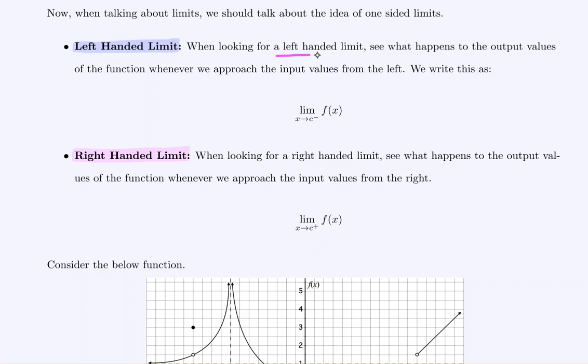So for a left-hand limit, you see what's happening to the output values as the input values are getting closer and closer from the left, or through lesser values, and this is the notation for that. And for a right-hand limit, you see what happens to the output values whenever we approach the input values from the right, or through greater values. And the only distinction is the superscript, and if there is no superscript, then it's the two-sided limit from both left and right, if there's a pattern.